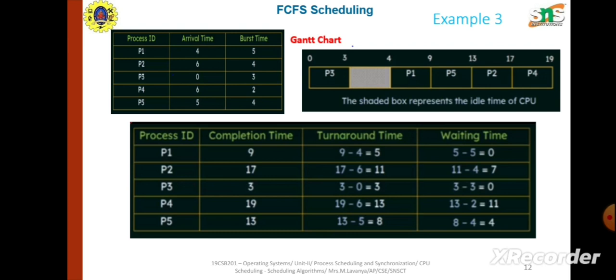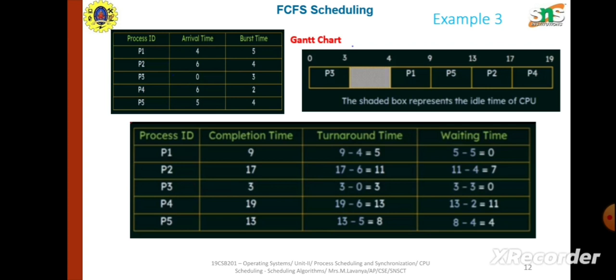Then for process P2, the turnaround time of 11 minus the burst time of 4. 11 minus 4 equals 7. Then for process P3, its turnaround time is 3 minus its burst time 3. So 3 minus 3 equals 0, the waiting time of process P3.